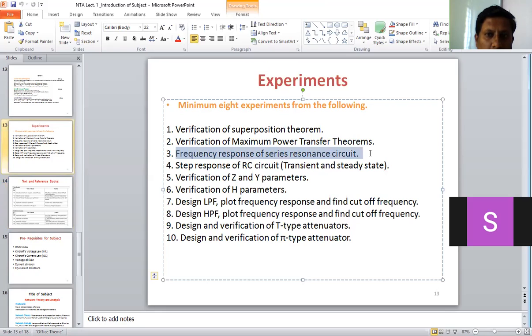First of all, we can do the experiments based on unit number 1, unit number 3, and unit number 6. After that, if we get the time, then we can perform this experiment, frequency response of series resonance circuit.